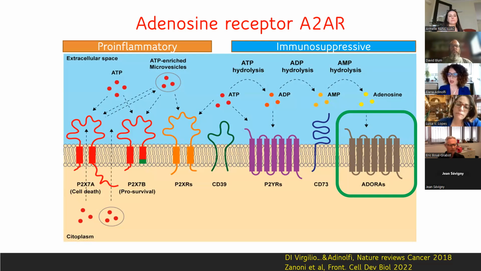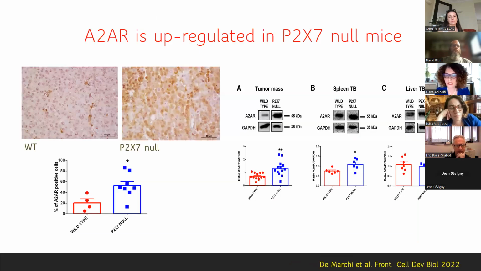Therefore, we decided to check whether there was any alteration in the main receptor known to bind to adenosine and to be involved in immunosuppression in cancer, which is the A2A receptor, which you have been hearing about also in the previous presentation. I don't go into detail. And indeed, this turned to be the case.